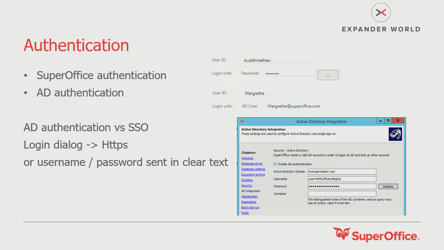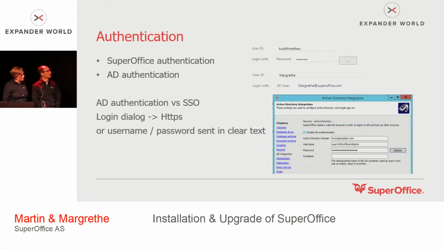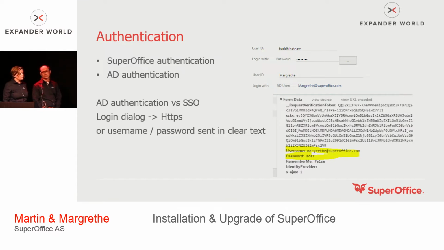And single sign-on, as Margrethe said, is the way to automatically log you in to the system. That's what we don't mean by AD authentication. And when you have the login dialog, it's important that you protect it behind HTTPS, because it will be sent in a post which will expose the password unless you have secured it.